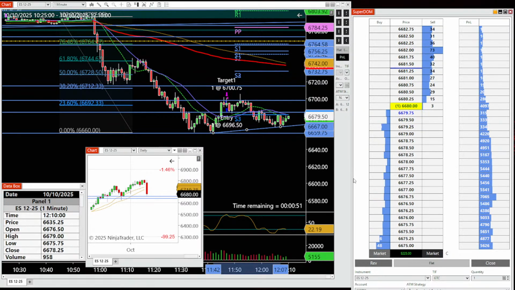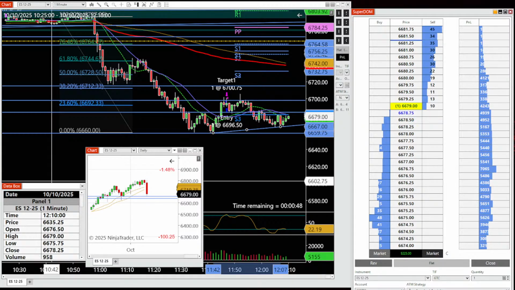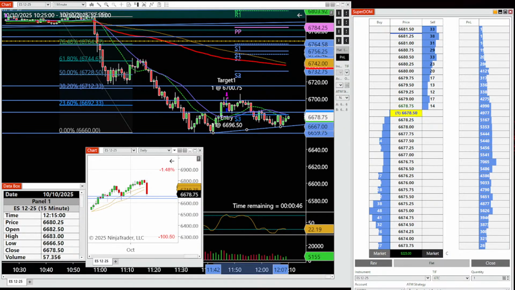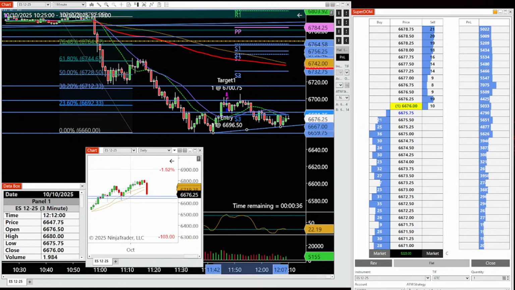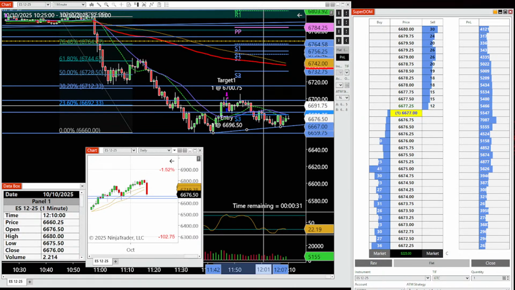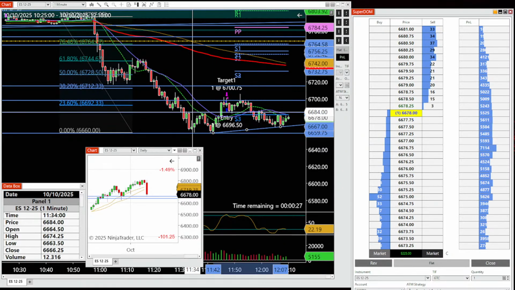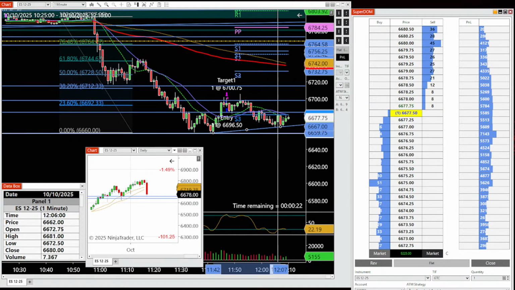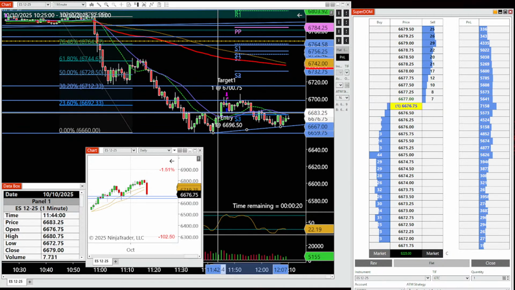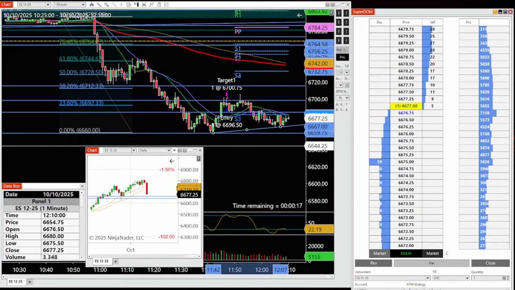It's trying to push up here a little bit. Don't know if it's gonna make it. We consolidate a little bit in here, came back into this area here. It's between 70 and 80.